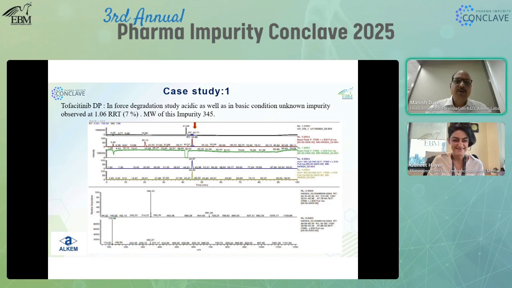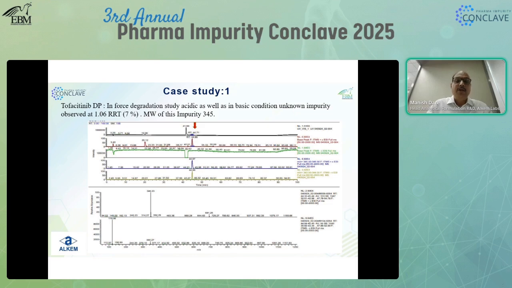Okay, perfect. As I said, in the case study, during product development and post degradation, we came to know that there are unknown impurities, and during degradation we found that this would be the probable impurity that can form during stability. So we have to ensure that the impurity is characterized and identified during the development stage.